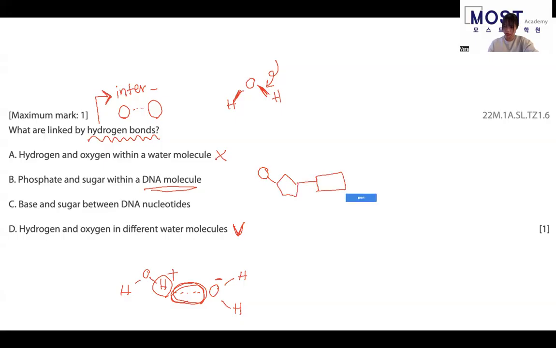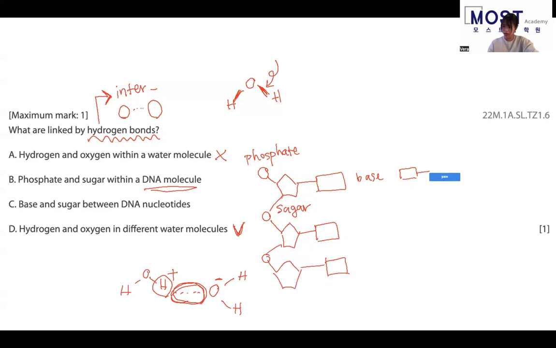So the circle part is phosphate. And this is a pentagon sugar. And this is a nitrogenous base part. And then basically it forms a chain of nucleotides like that.